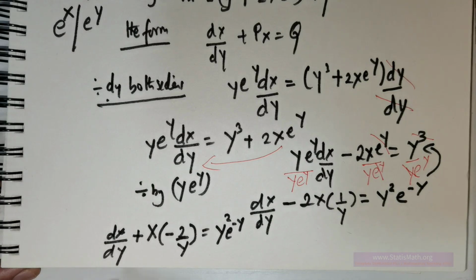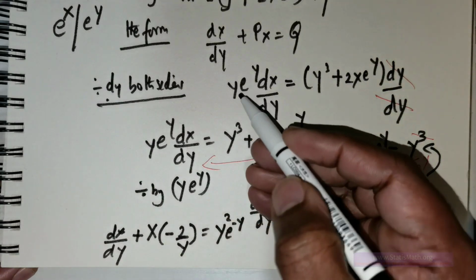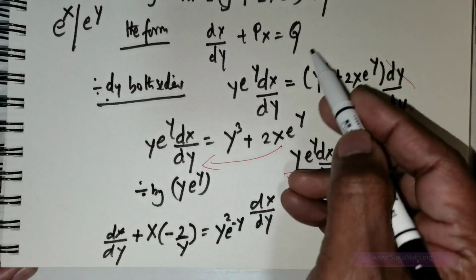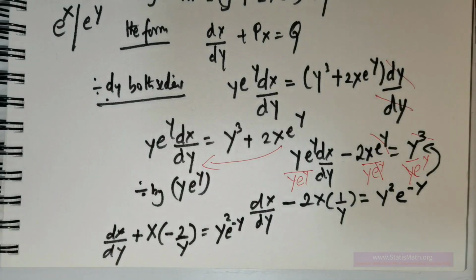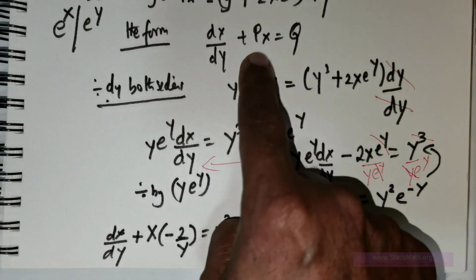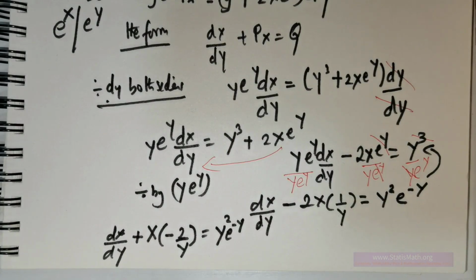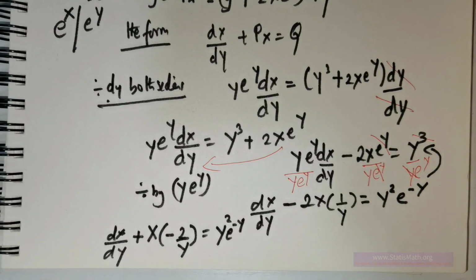This is the way I'm writing it, because I just want to represent it in this form. Clearly now you can see that this is the form that we wanted it to be. So now we can go on solving the question.